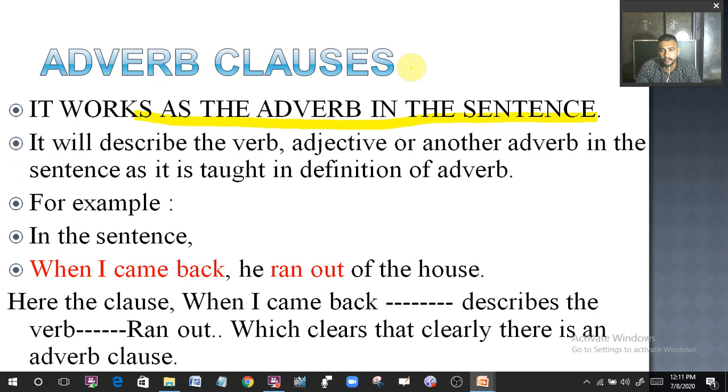I told you already in the previous video how to make the complex sentence by using the noun clause, and I also told you how to use the adjective clause to make the subordinating clause, to make the complex sentence by the combination of principal and subordinate clause.